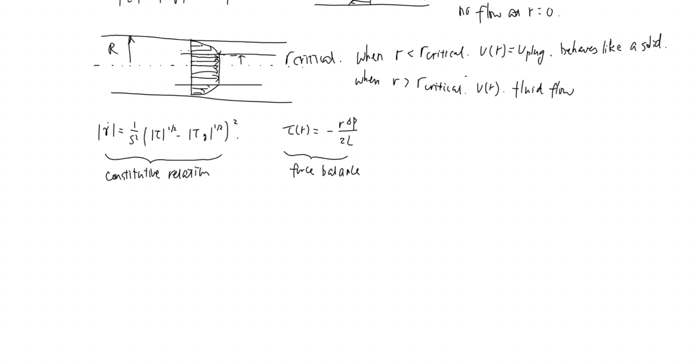So what we will get is gamma dot equal to 1 over S squared delta P. Here we have already expanded the square term. So after you expand the square term, you plug in the force balance relation.